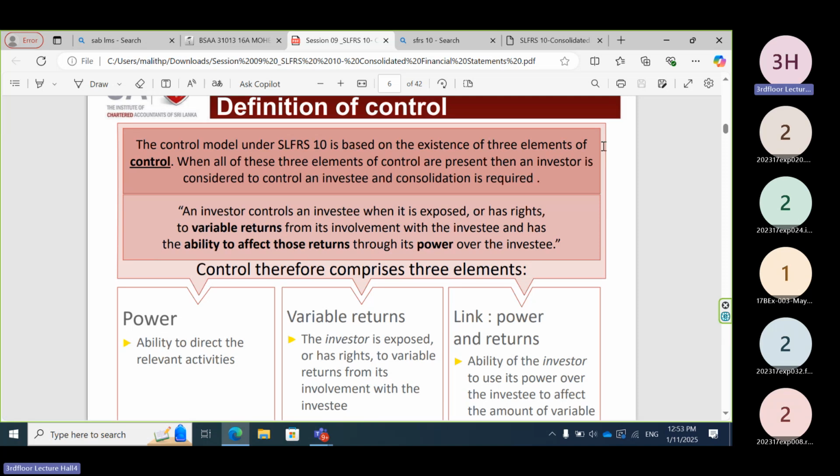If you are doing this, that evaluation is very critical before you are doing the consolidation. Otherwise, it will give a very different picture in your consolidated statements. Let's say you are having 10 subsidiaries. You need to justify control over the subsidiaries.